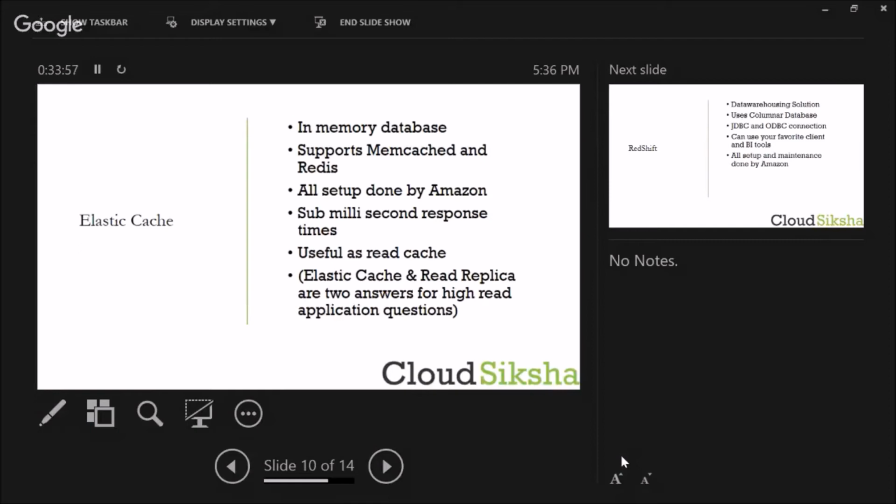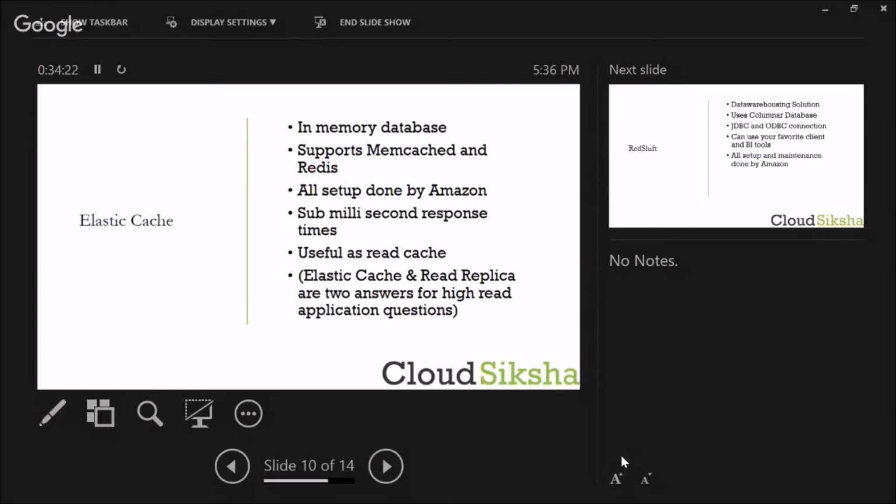Both of them will be the right answers, because Elastic Cache will improve your reading speed. It buffers your data and gives everything from memory, and therefore it is much faster.